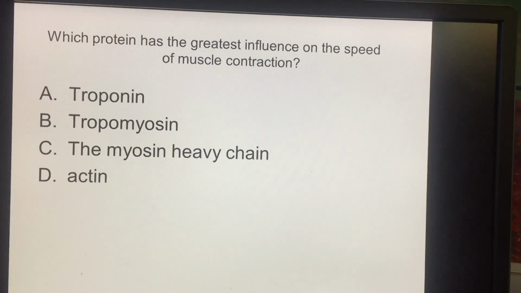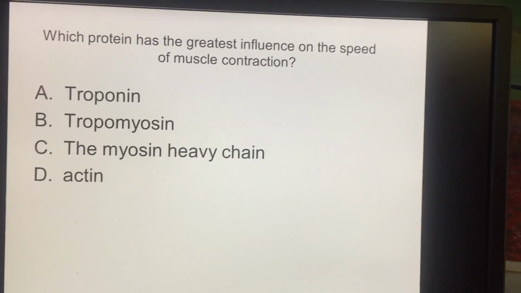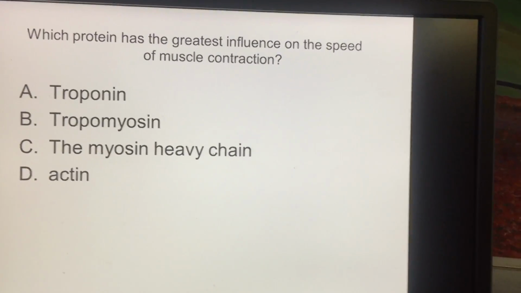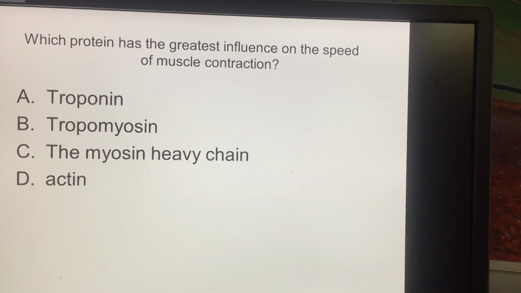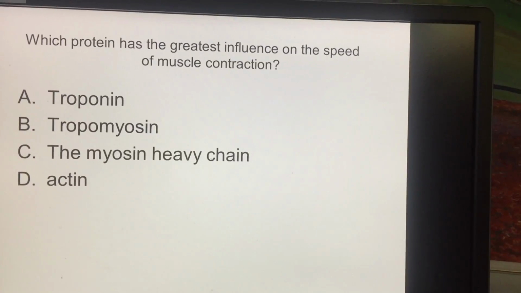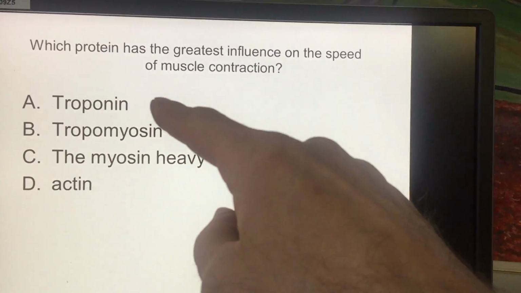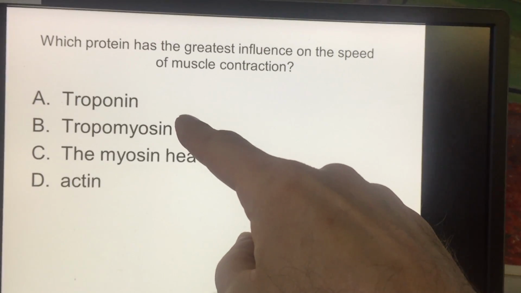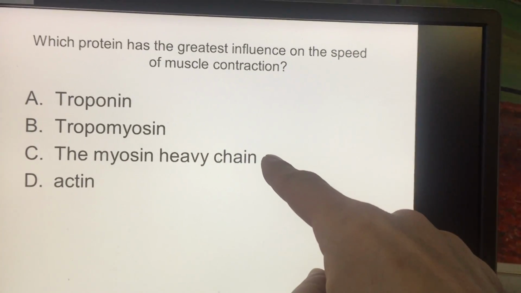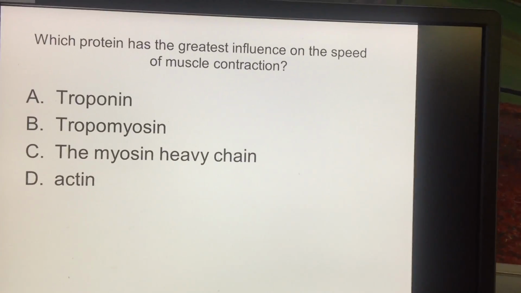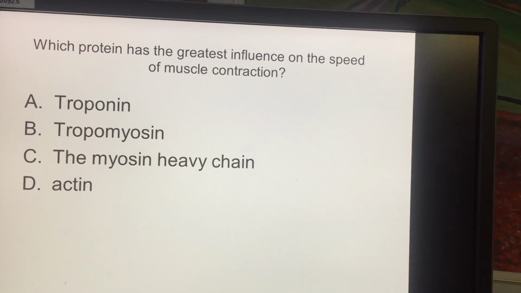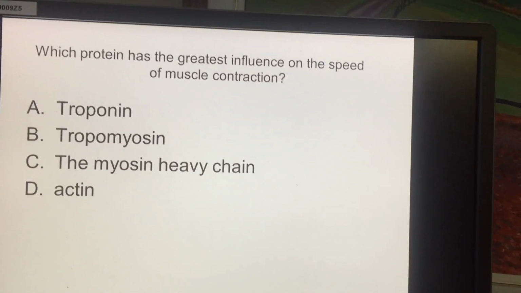Actin is the same type in either fast or slow fibers, so type 1, type 2A, type 2X fibers. The actin protein type does not differ across those fiber types. Whereas you have fast and slow isoforms of troponin, fast and slow isoforms of tropomyosin, and myosin heavy chain also exists in fast and slow forms. And it's the myosin heavy chain that has the greatest influence on your speed of contraction.